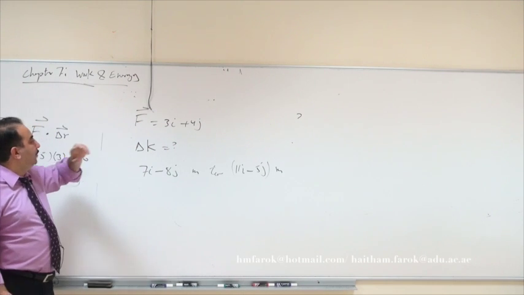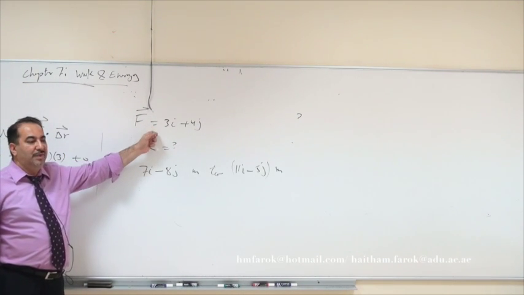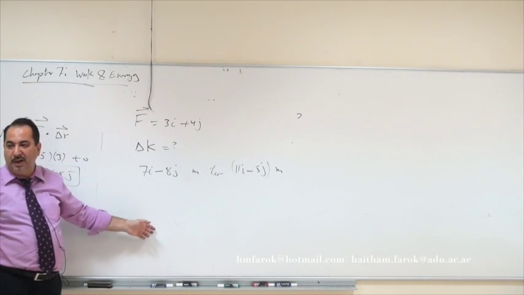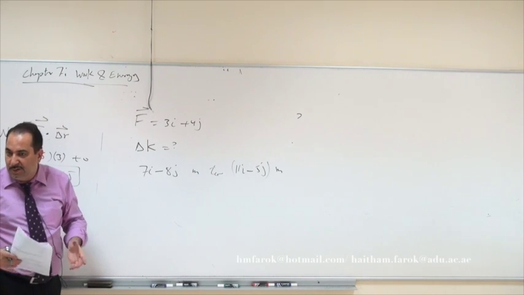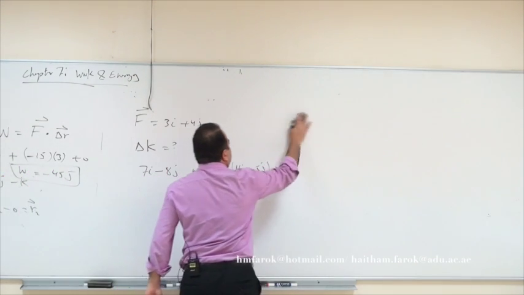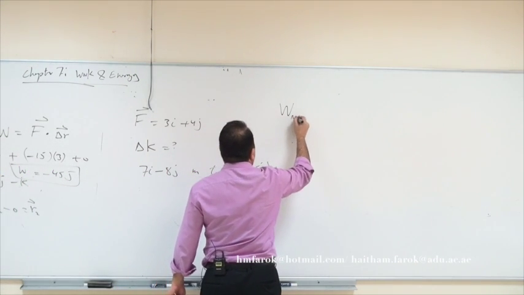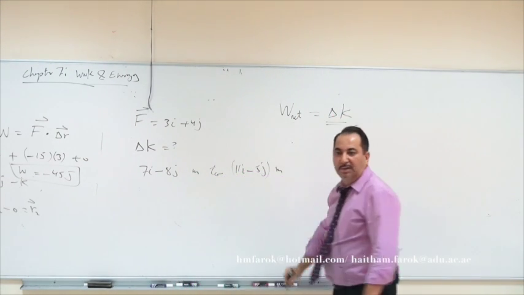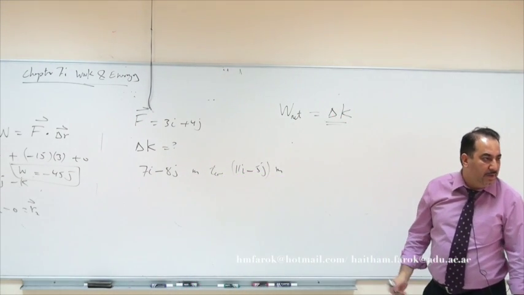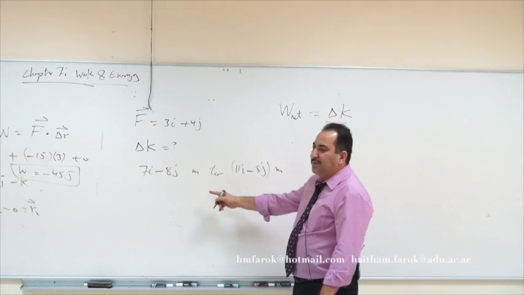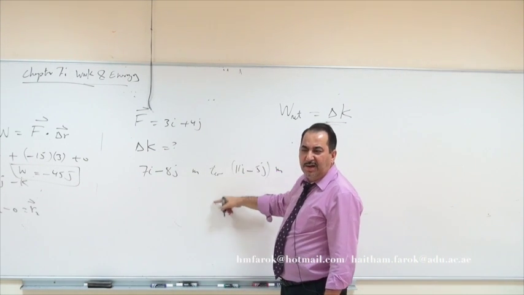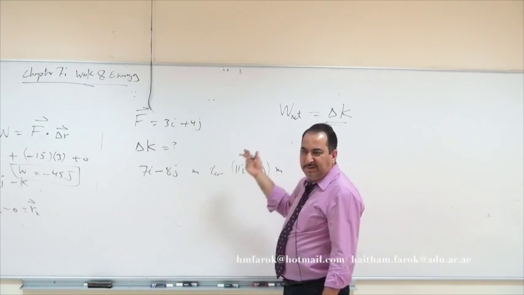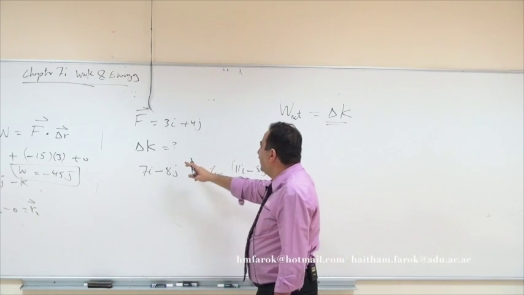So if I do dot product between F net and displacement, I get W net. So this question, to answer that, you need to find W net. And then W net is equal to the change in the kinetic energy. So this question is either find W net or find delta K. It's the same. How you find W net?